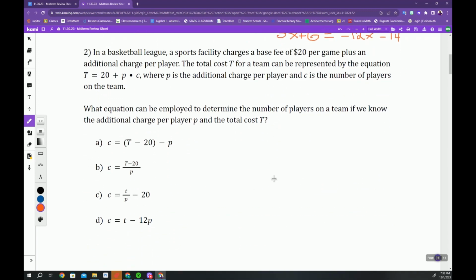In a basketball league, a sports facility charges a base fee of $20 per game, plus an additional charge per player.